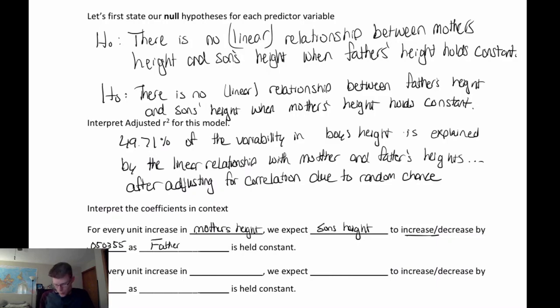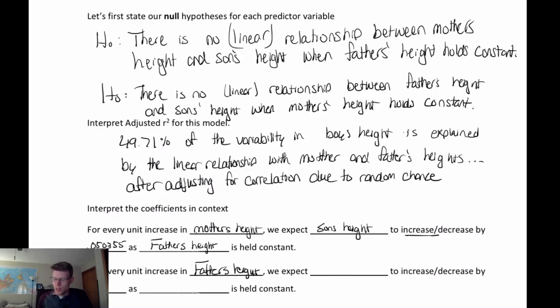So if we're looking at fathers of the same height, and we look at mothers who are 1 unit difference, I'm guessing it'd be like 1 inch difference. And this is the difference in son's height that we expect to see on average. We expect to see sons increase by 0.05 inches when mother's height increases by 1 and father's height is staying the same. We can also do this with every 1 unit increase in father's height.